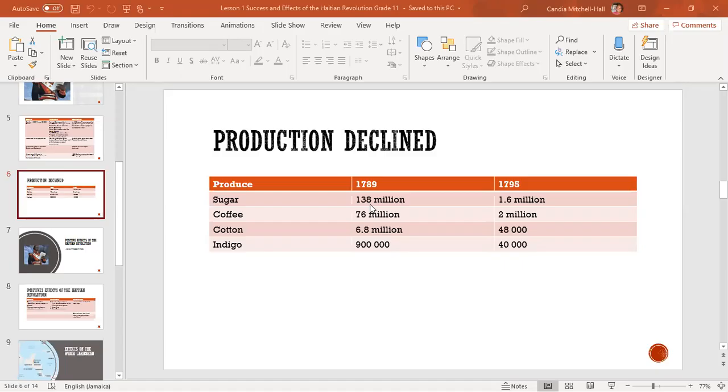Sugar from 138 to 1.6. Coffee from 76 million to 2 million. Cotton from 6.8 million to 48,000. Indigo from 900,000 to 40. Production declined significantly. And my question now, why did production decline significantly?